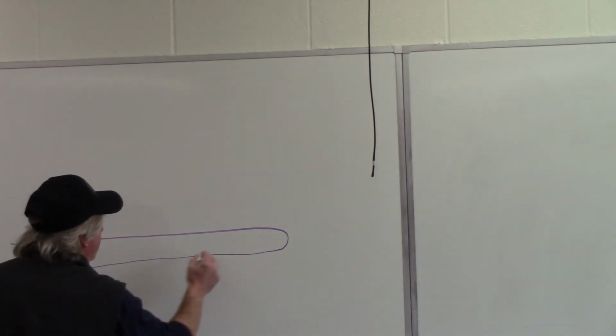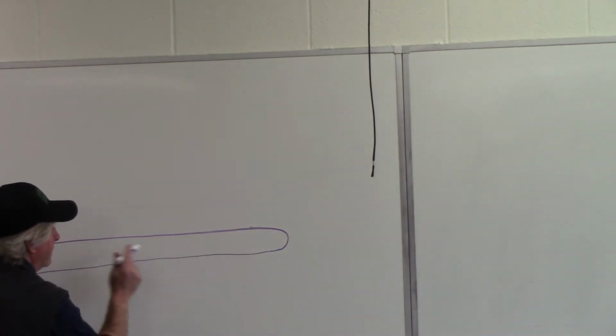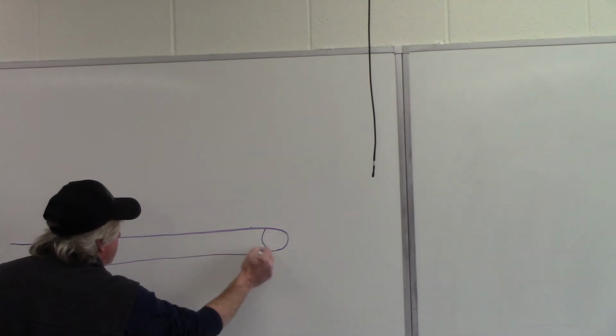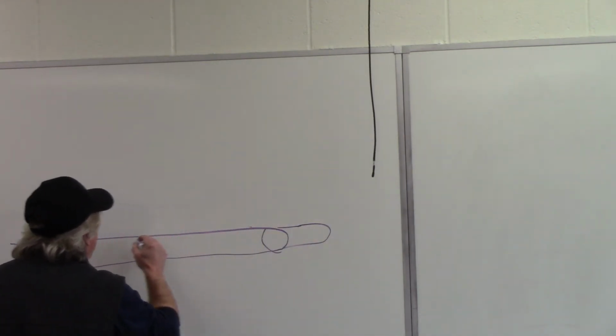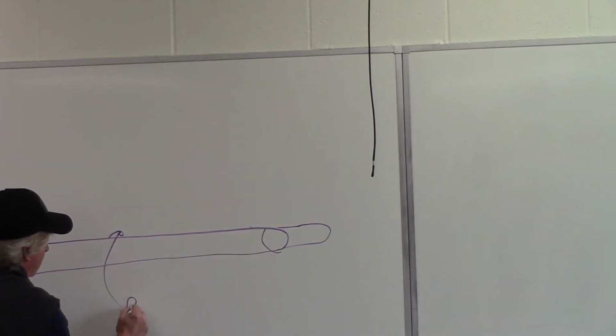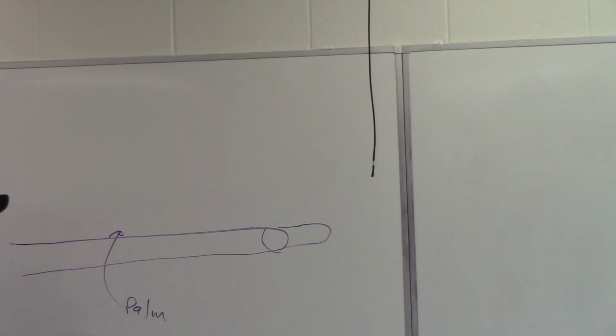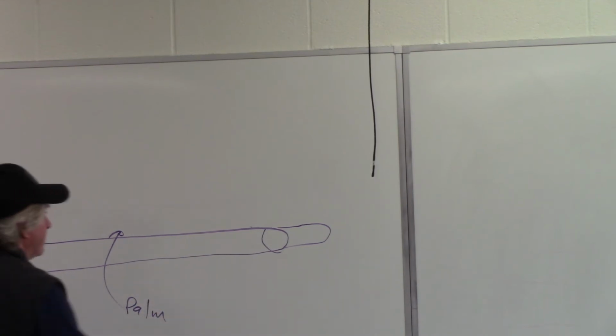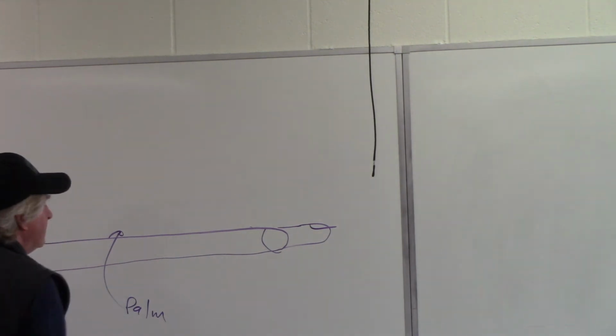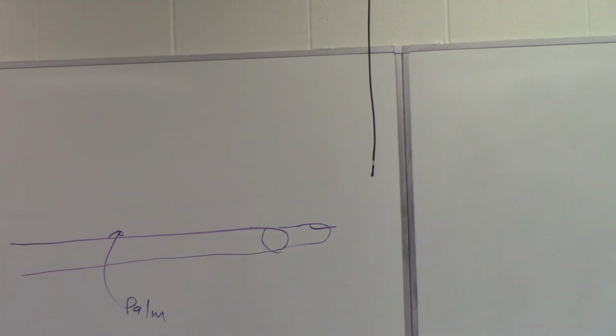All right, I'm drawing a hand here from the side, like that. There's your thumb and your other fingers, and here's the palm of your hand, right here.